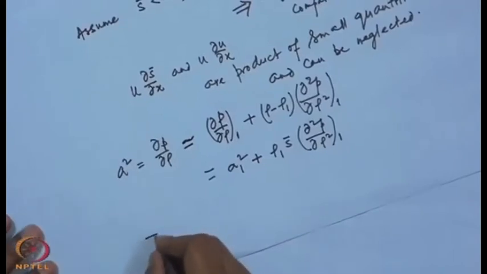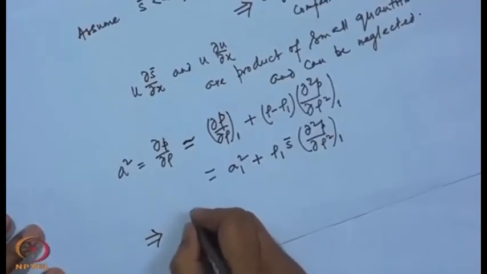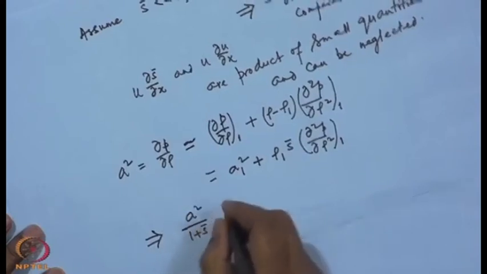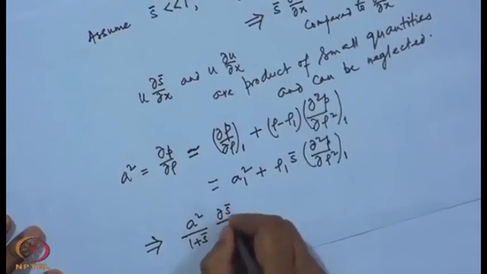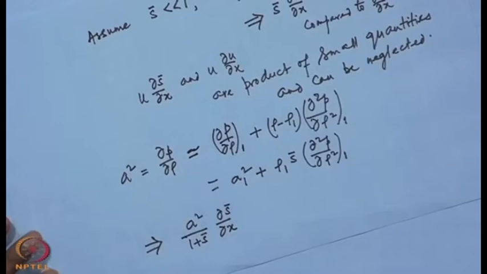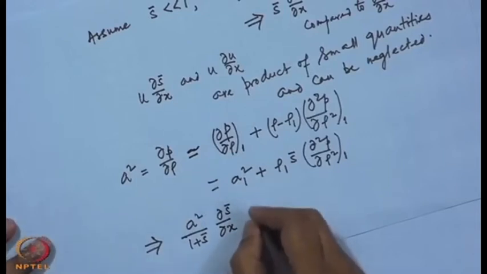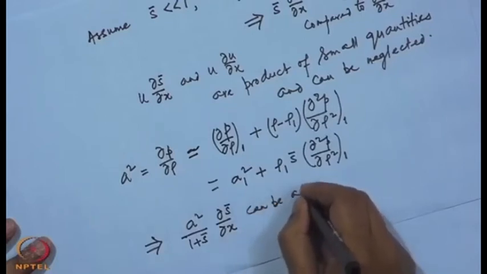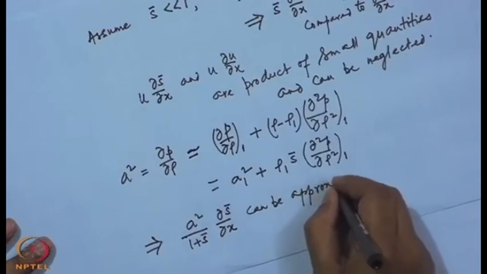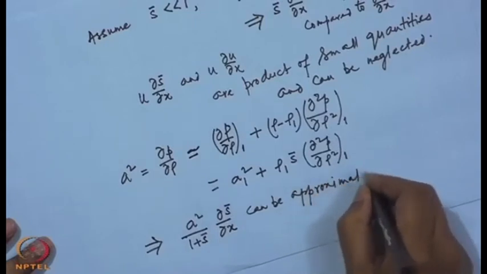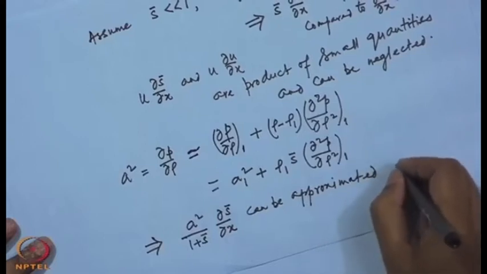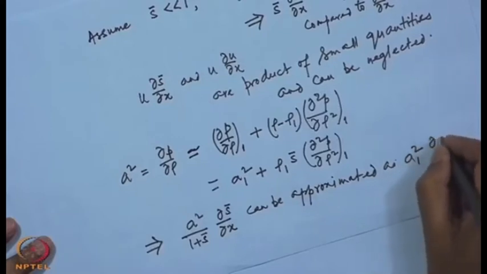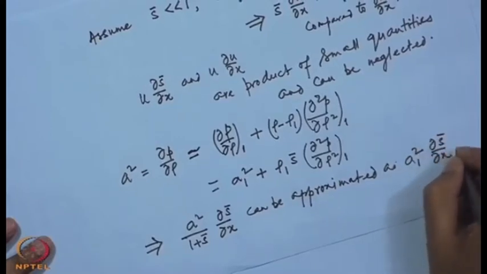This gives a square by a 1 square equal to 1 plus S bar, and the last term in the Euler's equation can be approximated as a 1 square d S bar dx.